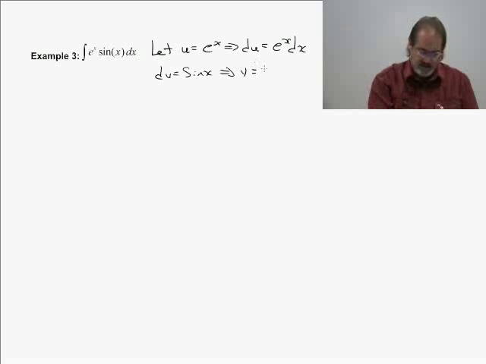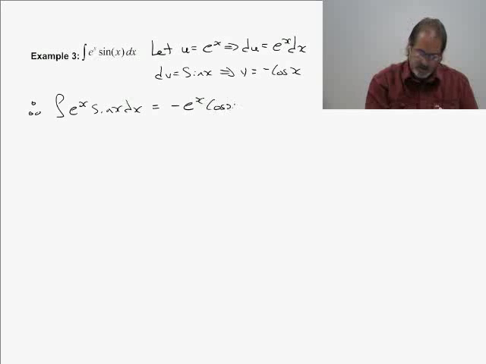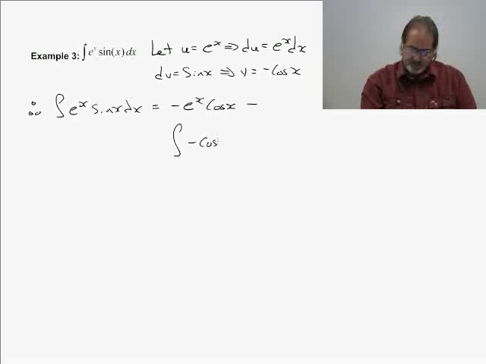So let's put the pieces together. Therefore, the integral of e to the x sine x dx actually equals uv, which is a negative e to the x cosine of x, minus the integral of v, which is negative cosine of x, du, which is e to the x dx.